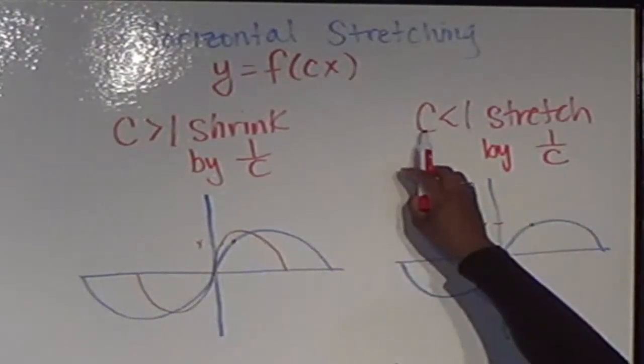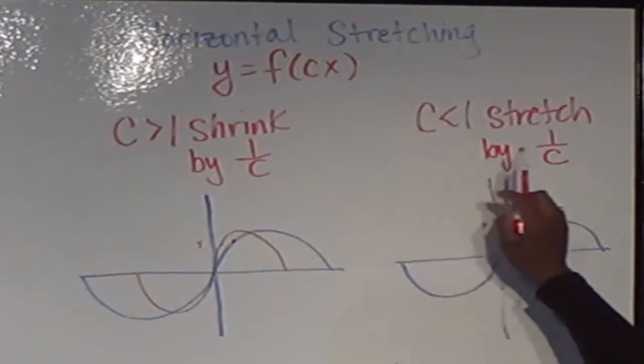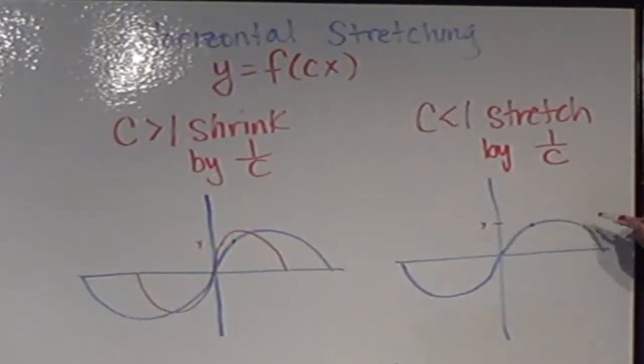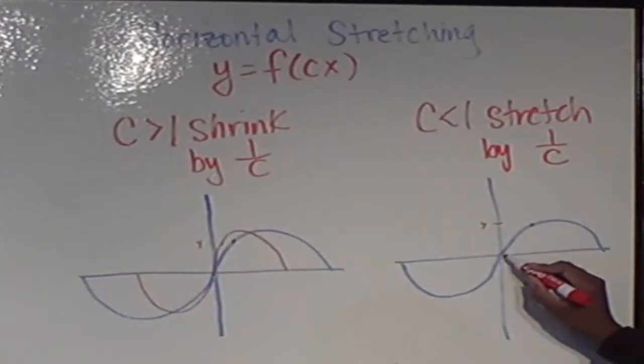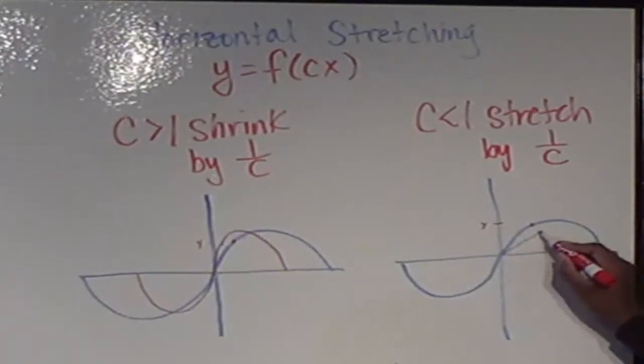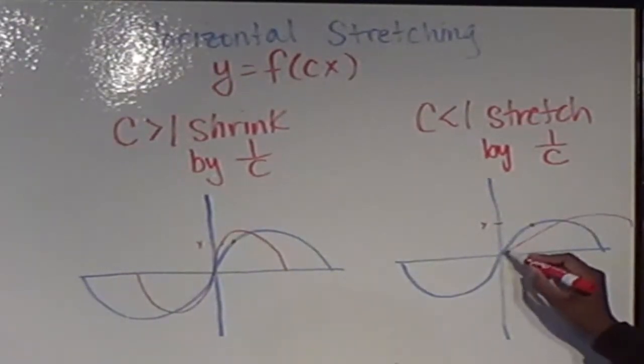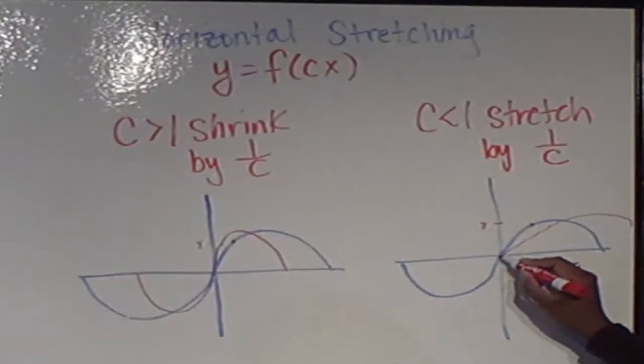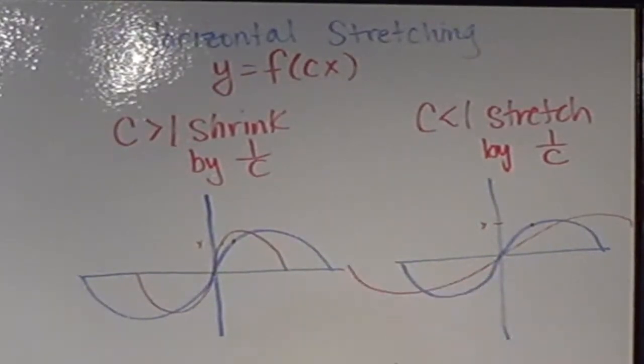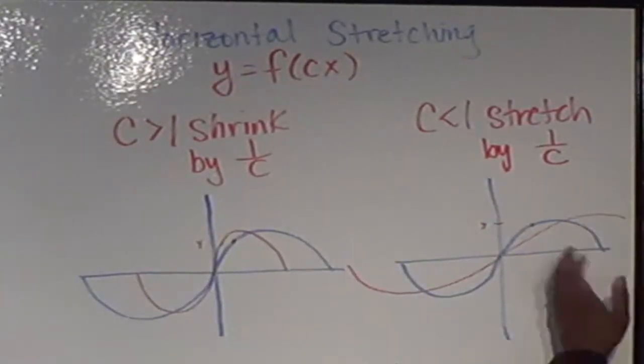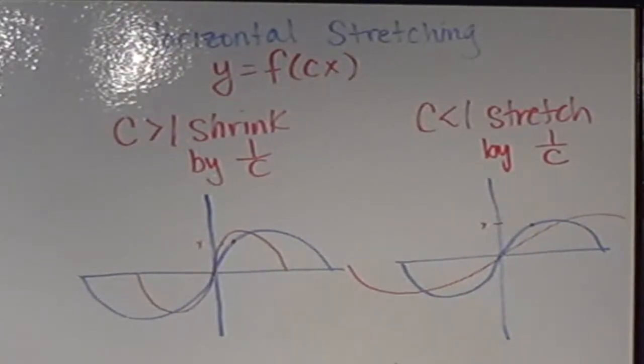So again, if c is a half, then I'm actually stretching by a factor of 2. And so what happens here is my graph is going to increase or double. And I didn't leave enough room over here to write that out, but you get the idea. It's going to stretch it horizontally.